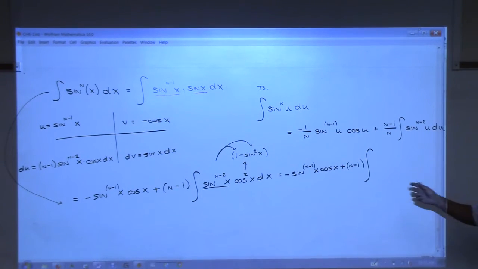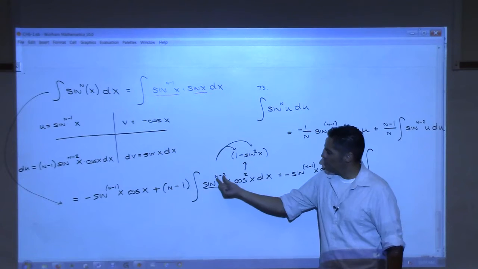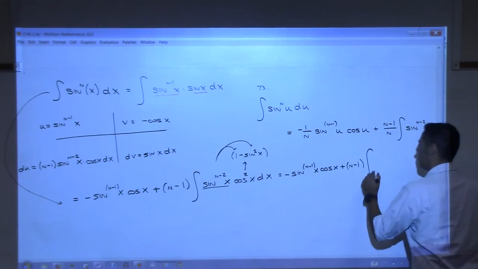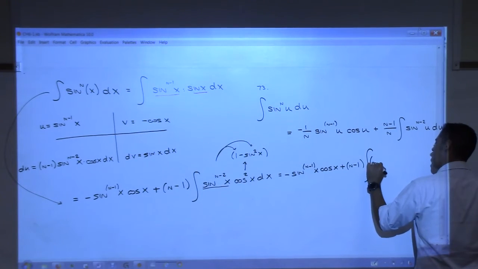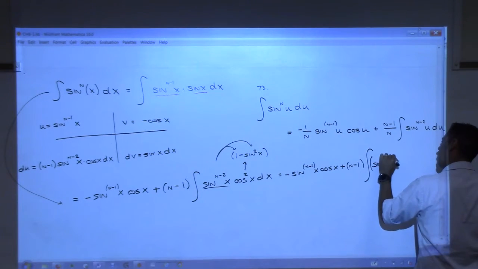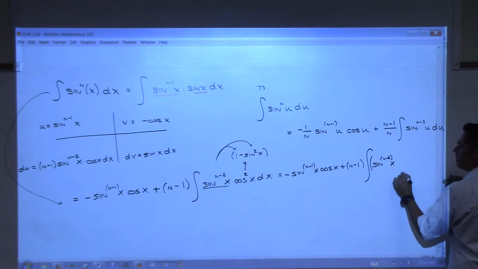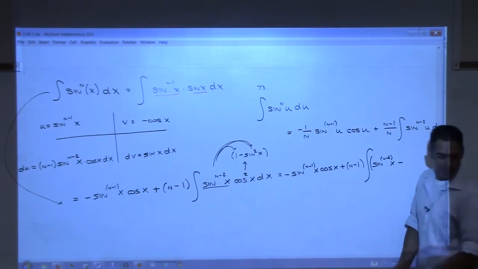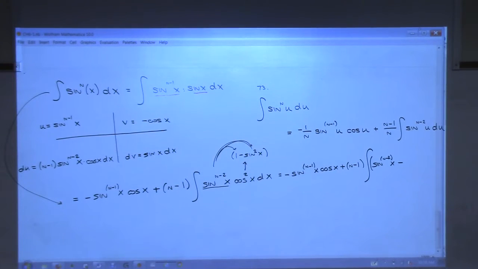Now this integral, now what happens when I distribute? This times 1 would just be itself, right? So I'm going to have two terms here. Sine to the n minus 2 of x, and then minus, and then when I distribute this to this, what happens there? Sine to what power?